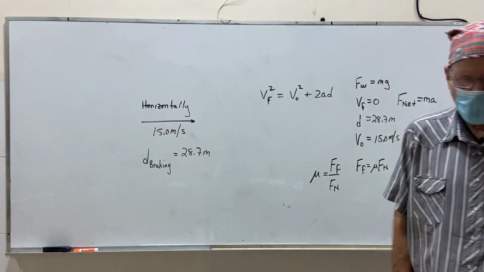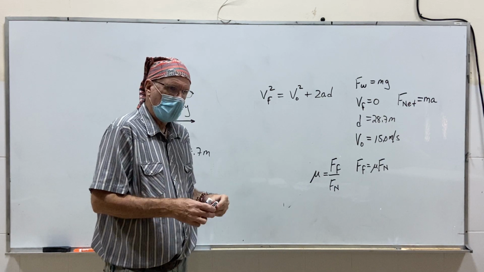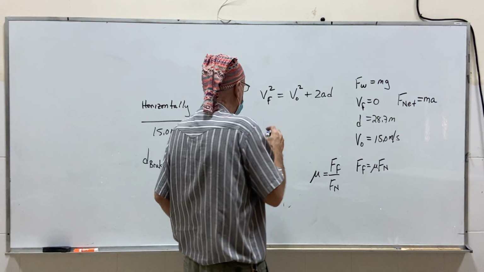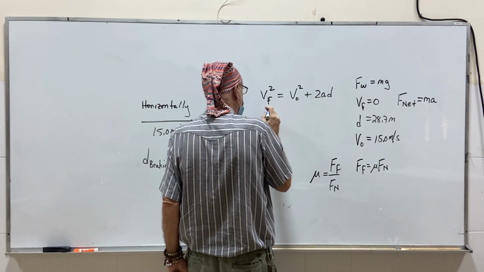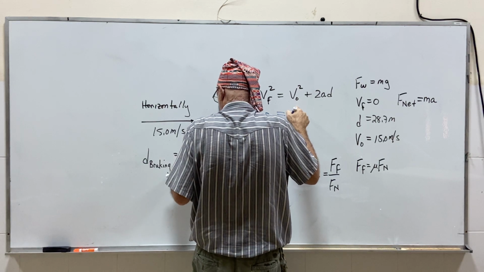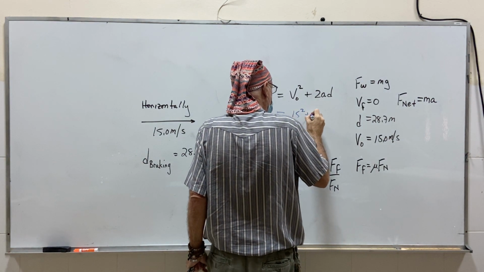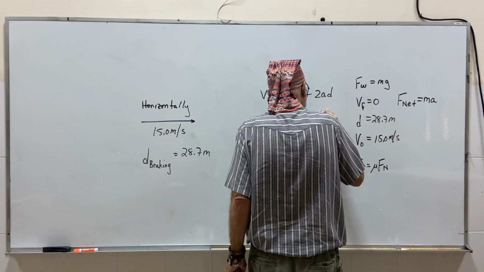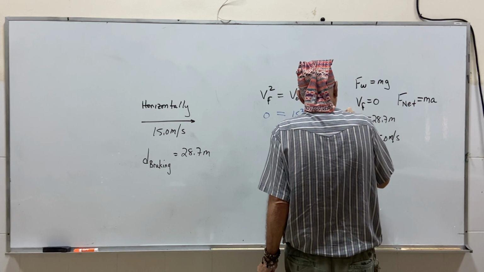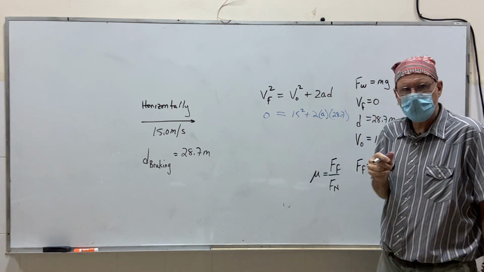Okay. So right away, let's just put in some numbers and calculate the acceleration. Is that okay? All right, so this is 0, this is 15 squared, plus 2 times A times 28.7. So what's 15 squared?